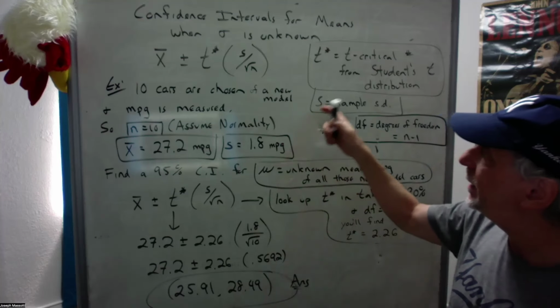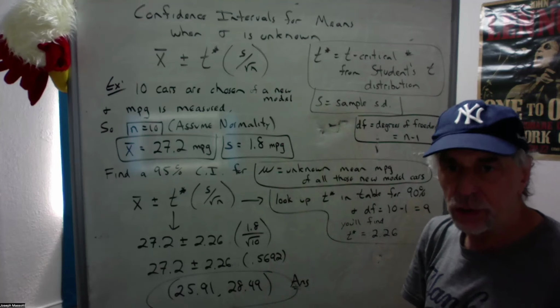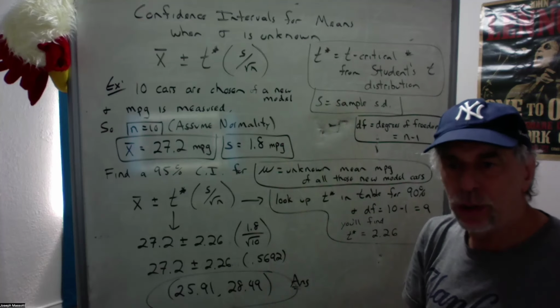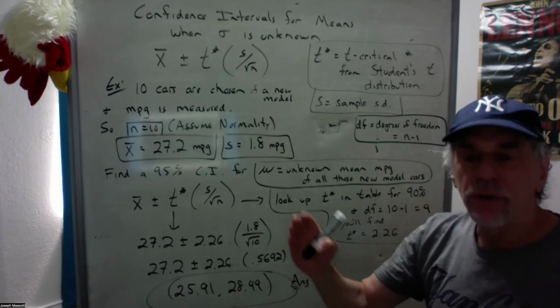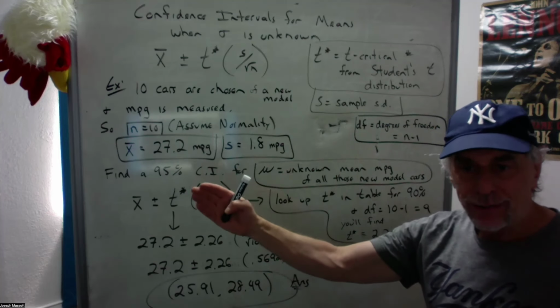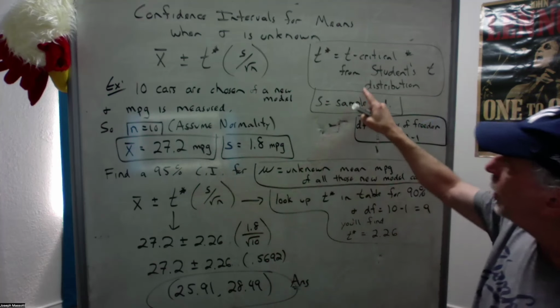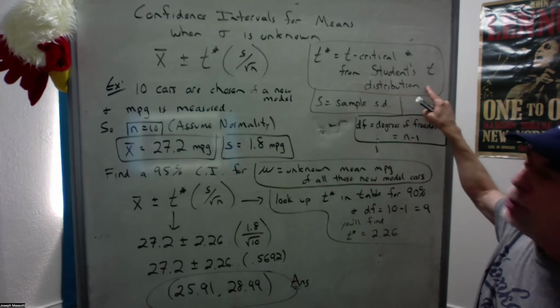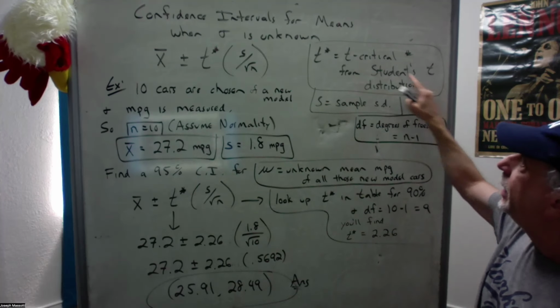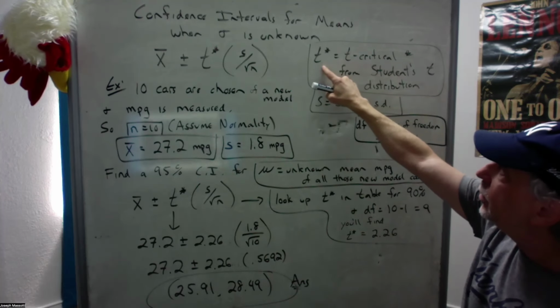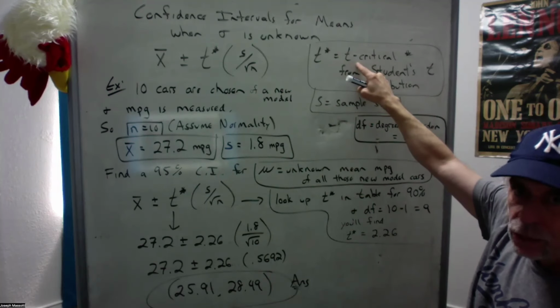So instead of using the standard normal distribution and the z critical values to come up with our number of standard errors to go out from the center of our confidence interval, we're going to use something called a student's t distribution. I'm going to show you the table here in a second. So instead of a z critical value, we're using a t critical value.